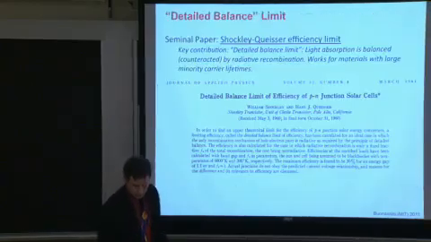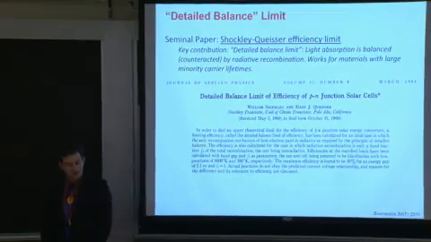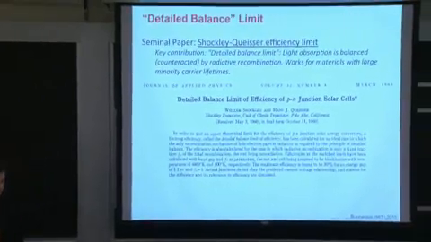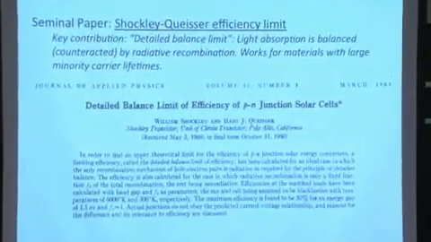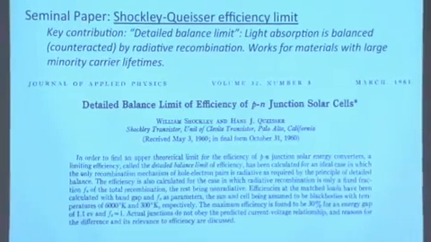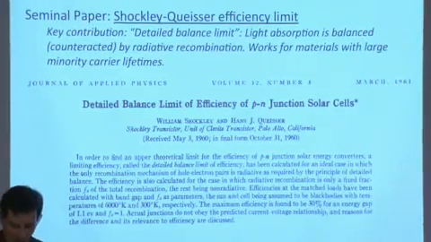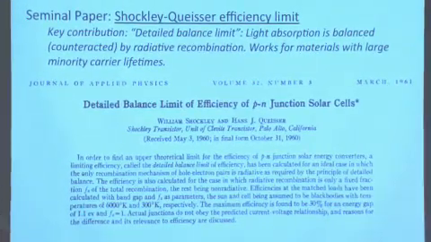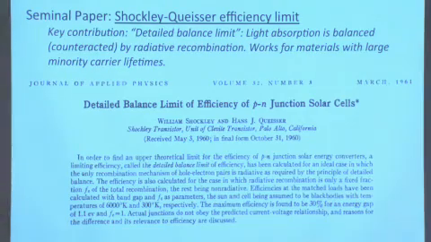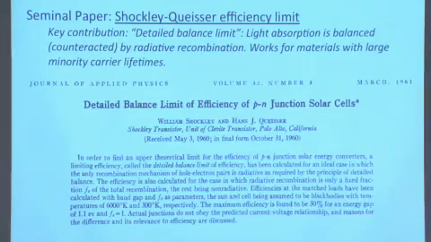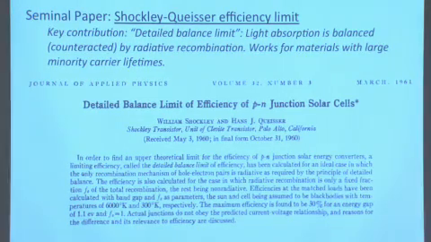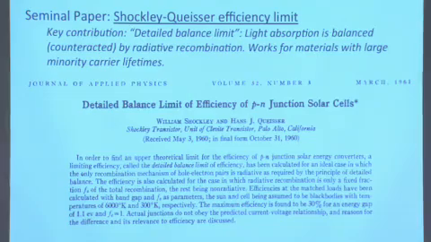And along came, at this time, H.J. Queisser, who had just moved over from Germany to Palo Alto, to the Apricot Barn, and worked with Shockley, the esteemed Shockley at the time, to develop a detailed balance model for describing how a solar cell performs, or what its ultimate theoretical efficiency limit could be.